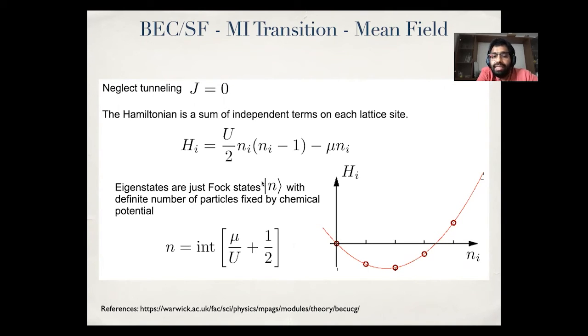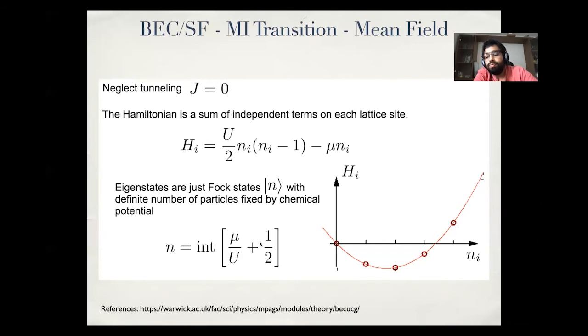The value your ground state takes is fixed by the integer value of mu over U plus half. This n, the number of particles in each site, is fixed by the ratio of the chemical potential to U. So that is my state in the J equal to 0 limit. This is just making the Fock state that I wrote down a more concrete argument.